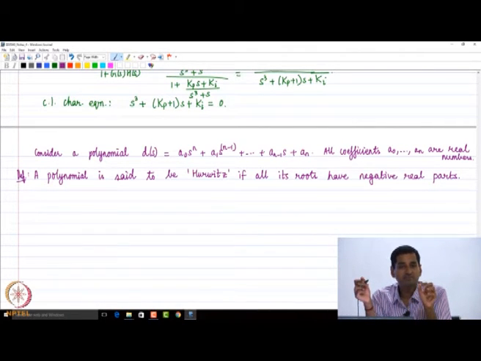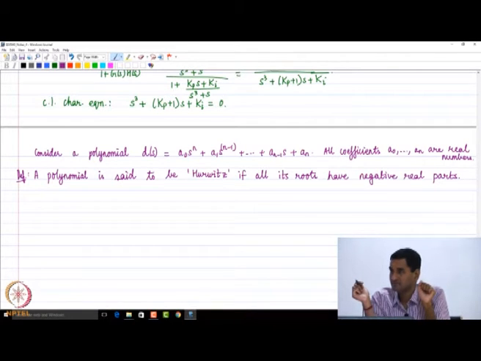By solving for the roots of the closed loop characteristic polynomial, which was 1 plus G(s)H(s). The denominator polynomial of the closed loop transfer function is the closed loop characteristic polynomial. So if I ensure that my closed loop characteristic polynomial is Hurwitz, I am done, right? I ensure that the closed loop system is stable.